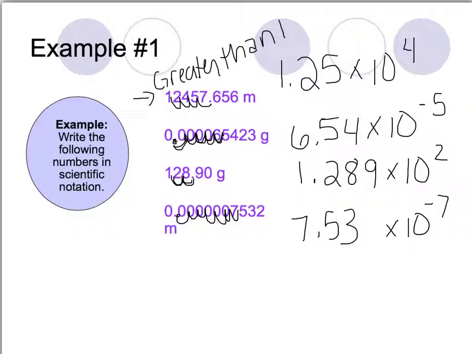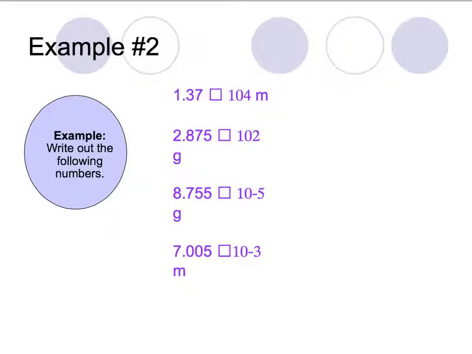That's the basics of actually writing something in scientific notation. But sometimes we have to go backwards. What I mean by backwards is sometimes a number's written in scientific notation and you have to put it into standard notation. Now, of course, these numbers are not actually written correctly because my computer transferred things over. All of these are supposed to be multiplication signs, times, times.